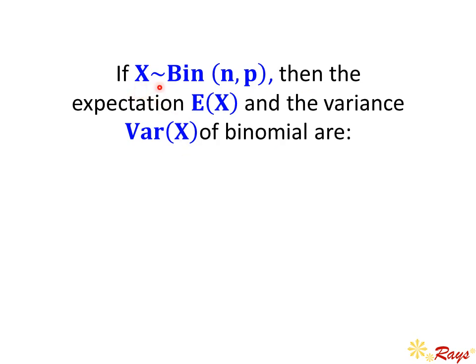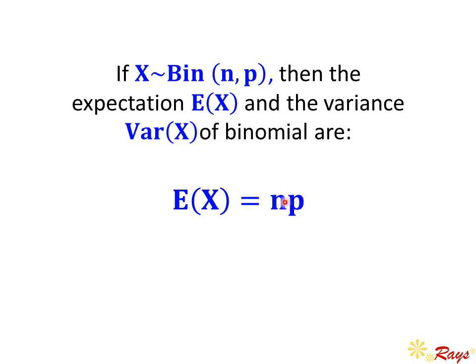If X is a binomial distribution with number of trials n and the probability of getting success is p, then the expectation E(X) and the variance of binomial are given by this formula.